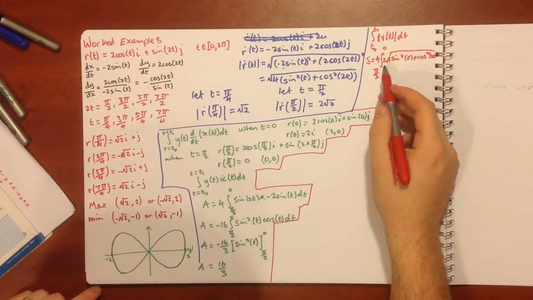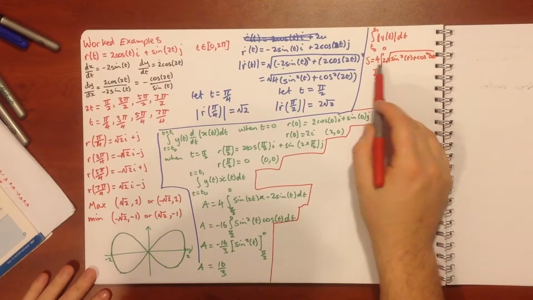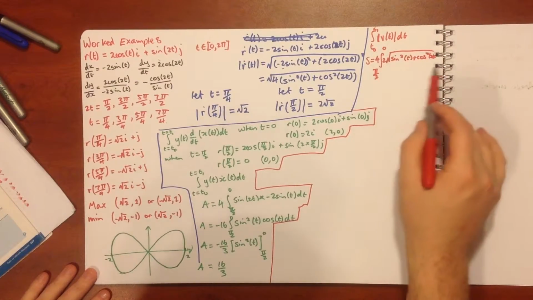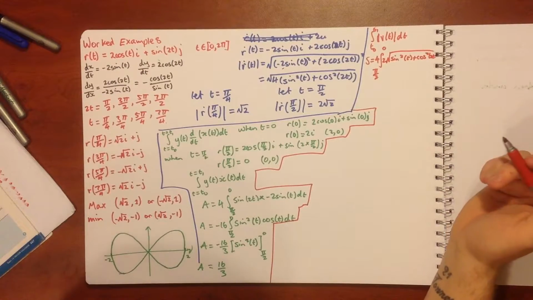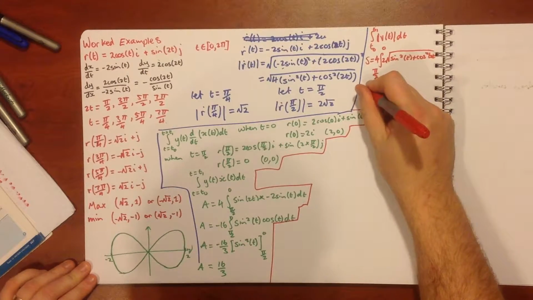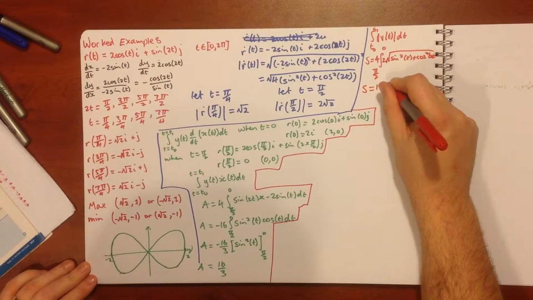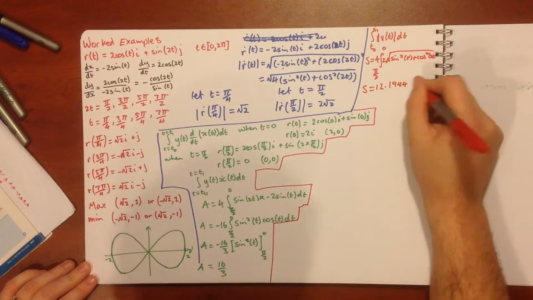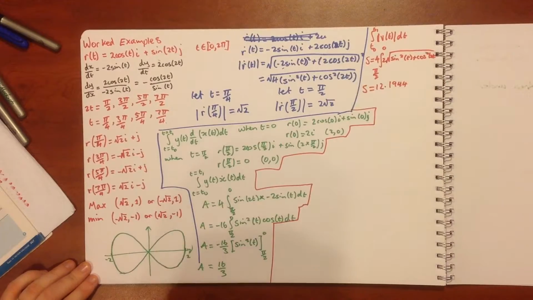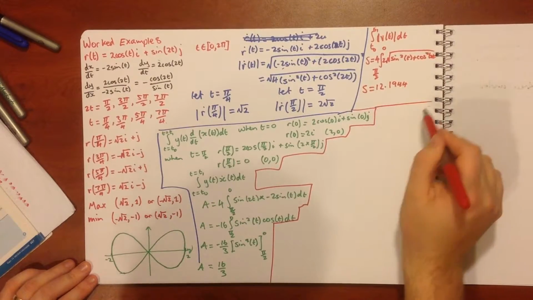Of course, we can bring out our 2 as a common factor. Integrating that is not nice at all, and that's where we can use our calculator and we get the length of our curve S to be 12.1944 units.